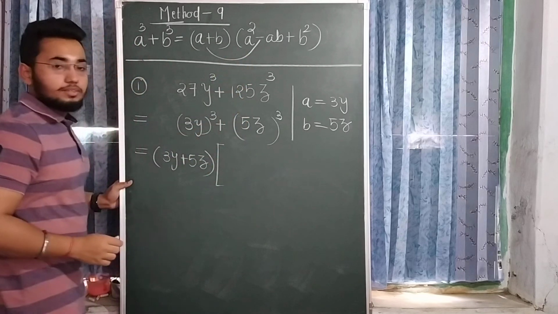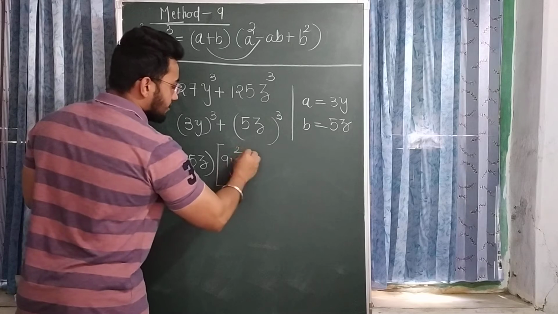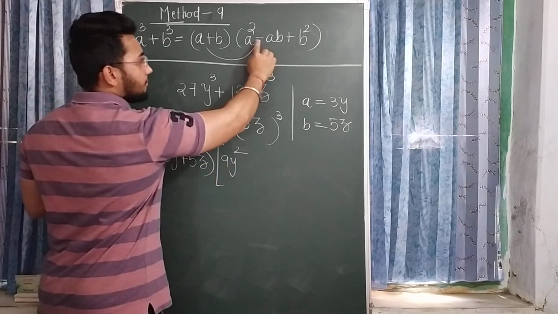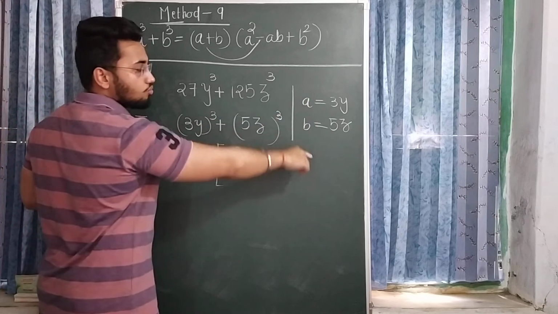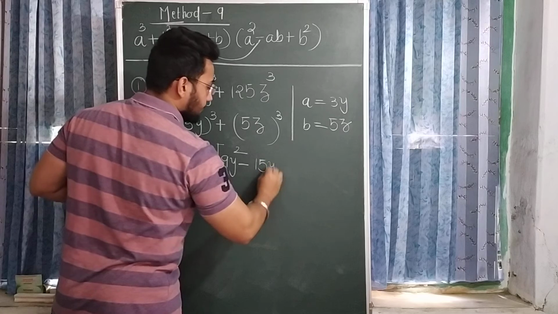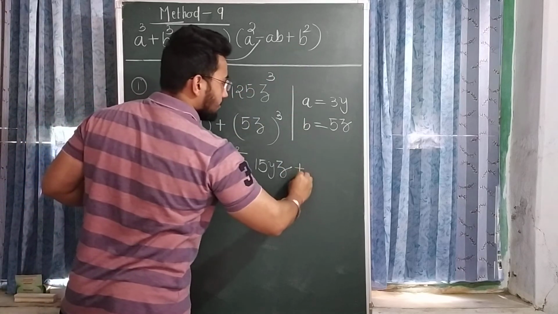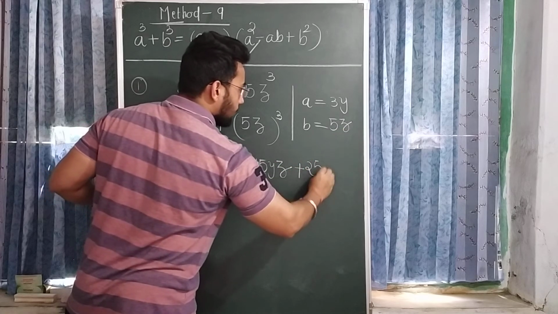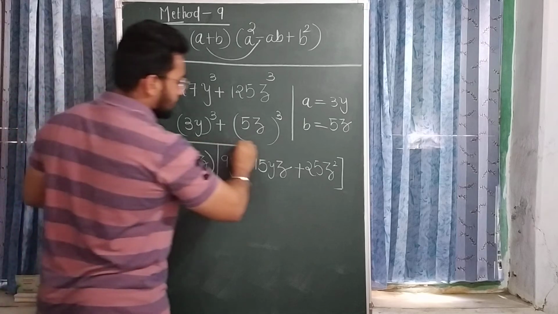A square means 3y square, it will be 9y square, okay, minus a into b, we have to multiply these two. 5 3s are 15, y into z, yz, okay. Now b square means 25z square. This is your answer.